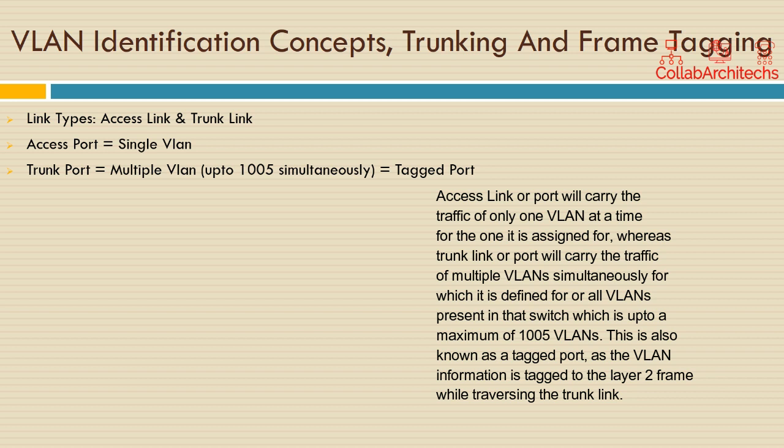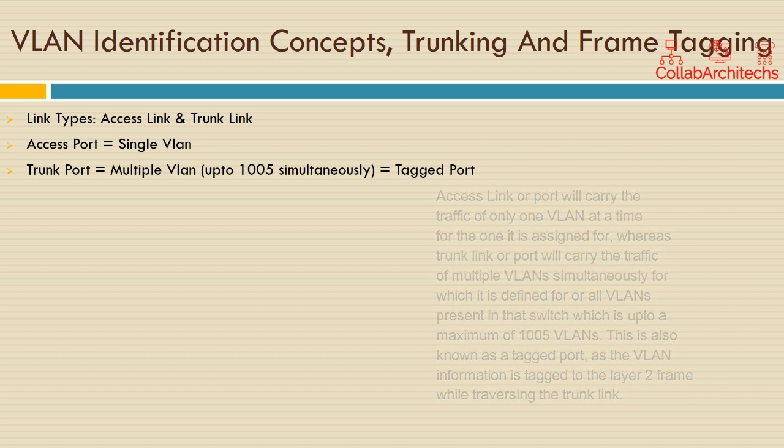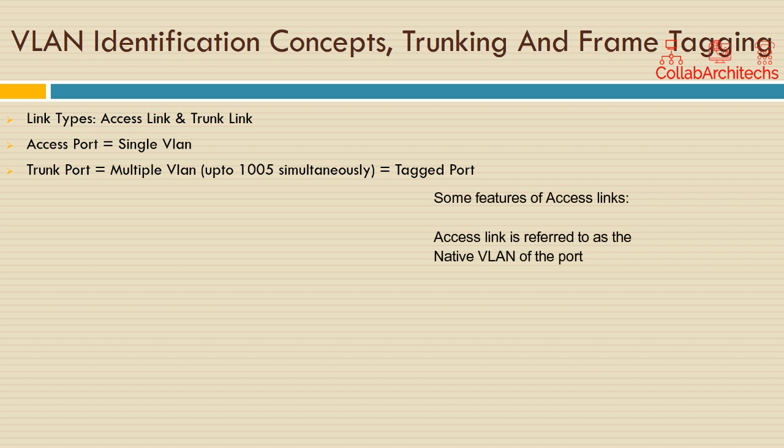This is also known as a tagged port, as the VLAN information is tagged to the layer 2 frames while traversing the trunk link. Let's discuss some features of access links.